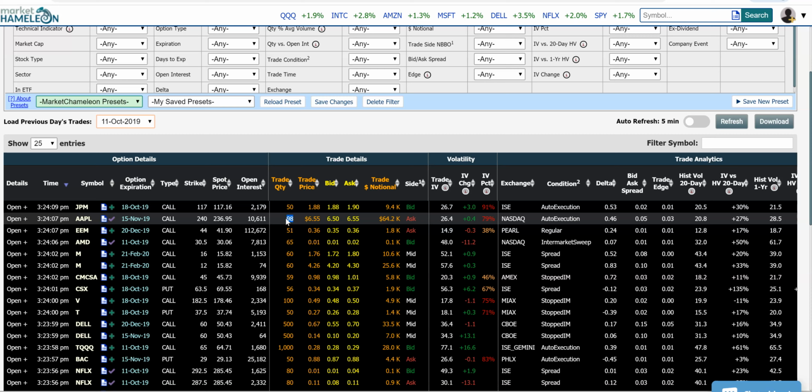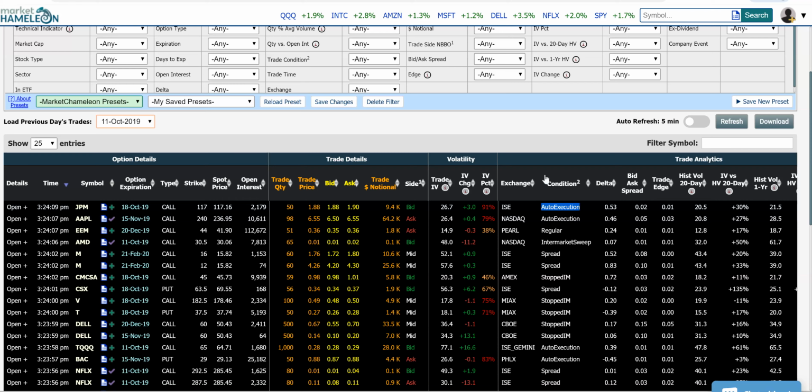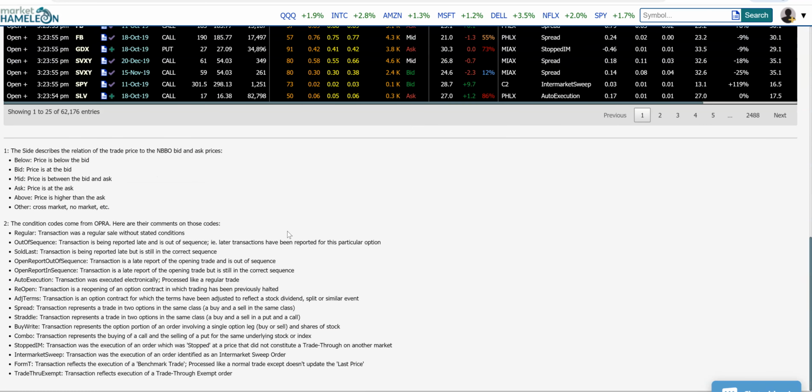But if you look at the trade tape, there's a lot more information on that trade tape, and sometimes it can be very insightful. I'm going to just focus right now on the trade condition, the actual condition of the trade that got reported with the trade. And if you scroll down to the bottom of this table, these trade conditions are described below, so you can read about them.